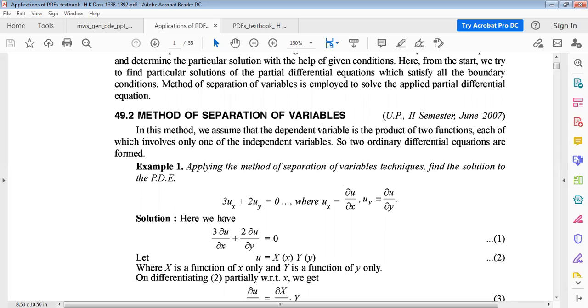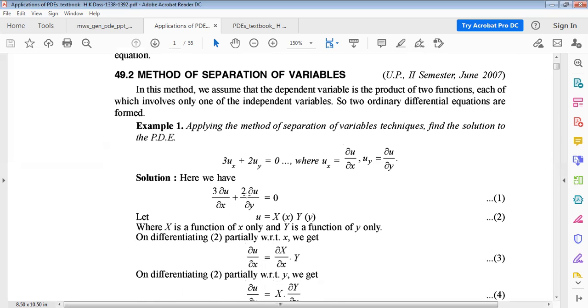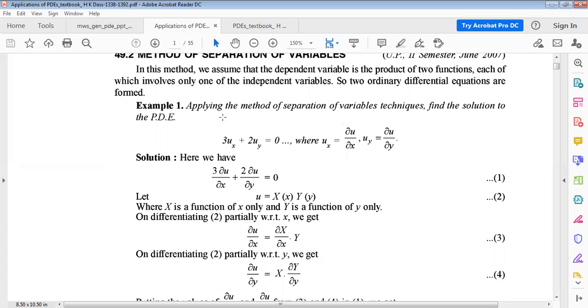In this method, we assume that the dependent variable is the product of two functions, each of which involves only one of the independent variables. So the ordinary differential equations are formed. Understand? Now example 1: apply the method of separation of variables to find the solution to the partial differential equation.